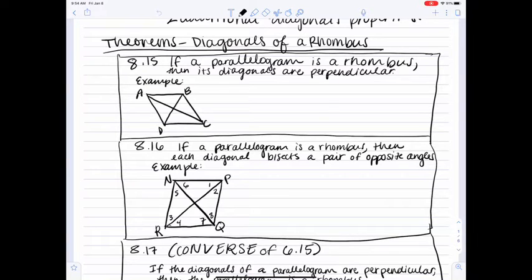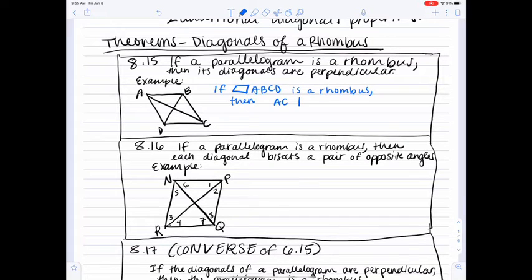So the example here is if parallelogram ABCD is a rhombus, then AC, that's one of the diagonals, is perpendicular to the other diagonal, BD. And then we can also mark it up on here as perpendicular to each other.